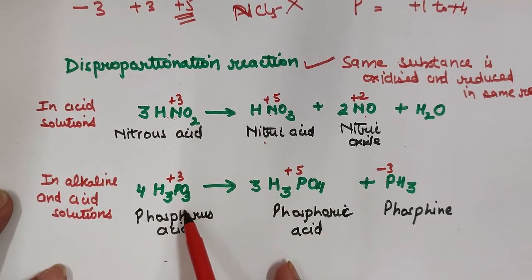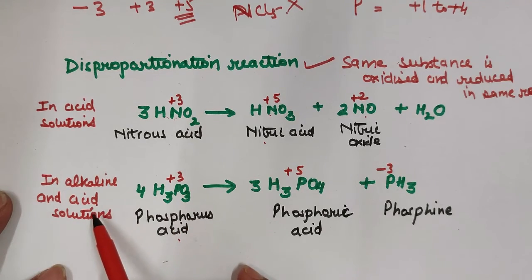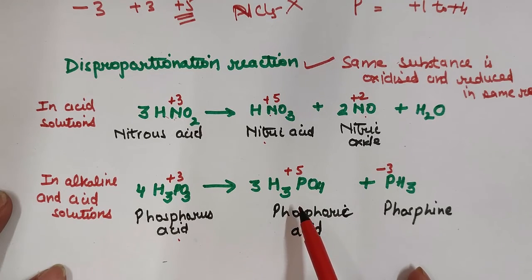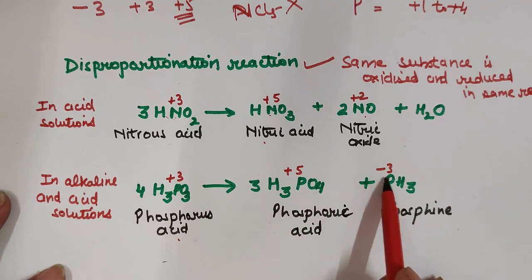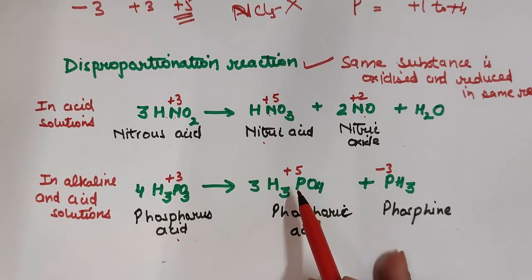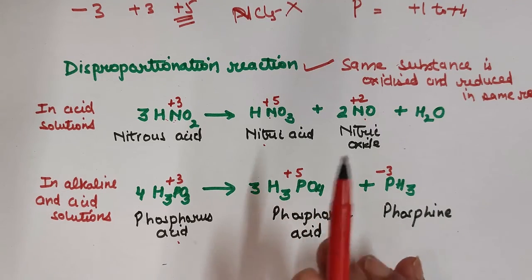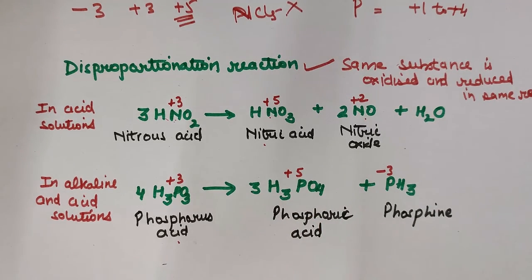Similarly, we have phosphorus acid, and in alkaline and acidic solution it disproportionates to form phosphoric acid and phosphine, where in phosphine we have -3 oxidation state, and in phosphoric acid we have +5 oxidation state. So oxidation and reduction, both of these are taking place.